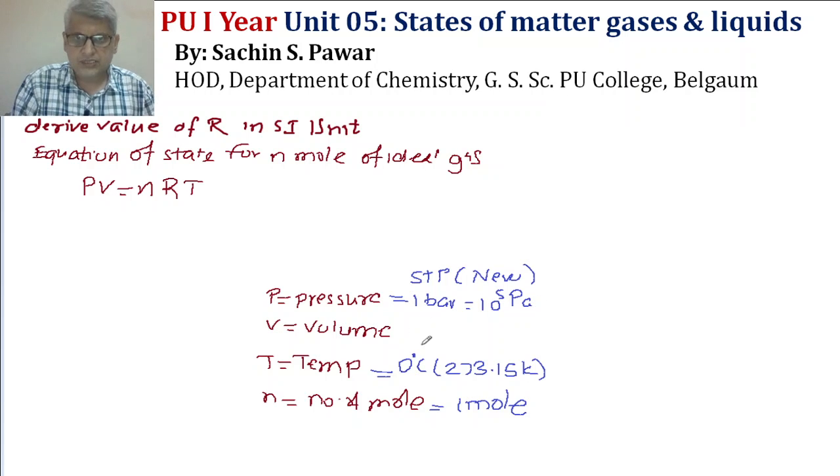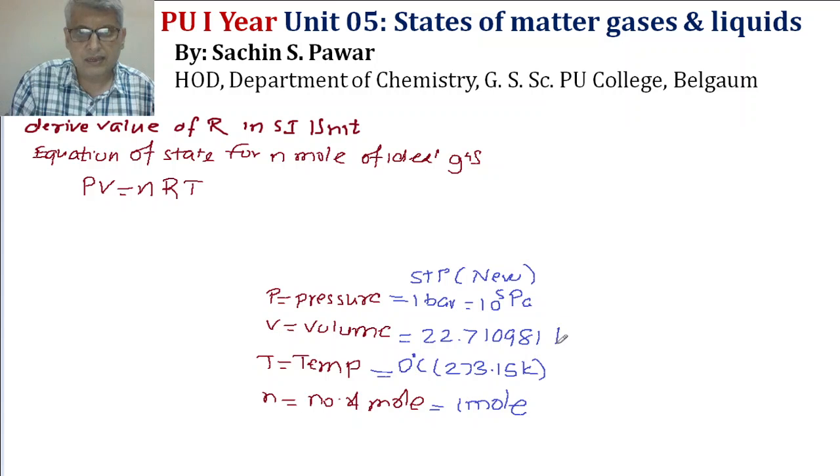So at these conditions, volume is fixed, and to be precise, it is 22.710981 liters per mole. Now here you see the SI units: pascal for pressure, Kelvin and mole.